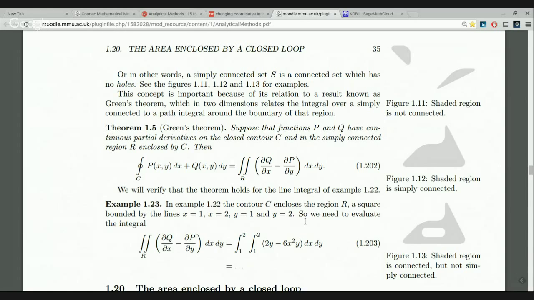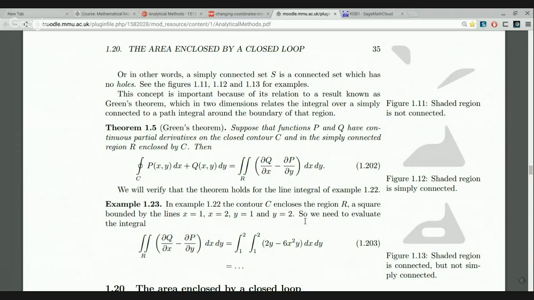Doing the path integral along the boundary of the region and doing a certain kind of double integral over the two-dimensional region itself. Okay. So what we've got on the left-hand side is a general expression for a linear differential form, p dx plus q dy, which is going to be integrated around the boundary of the region.